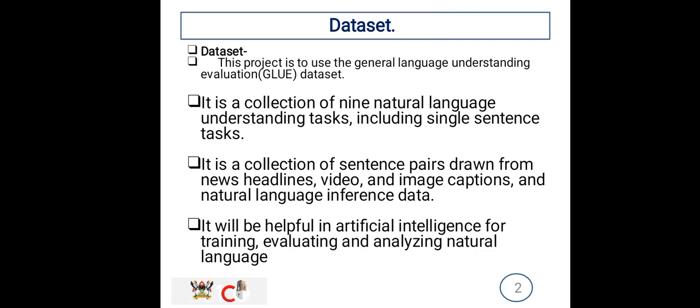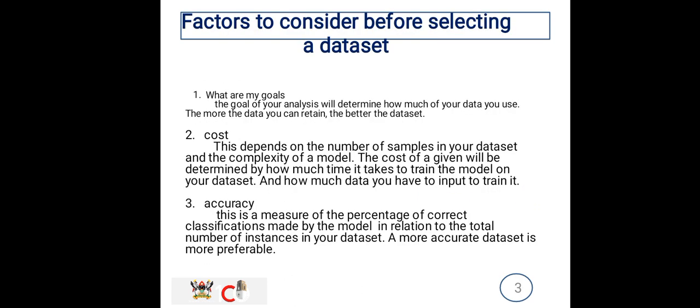It is also a collection of sentence pairs that is drawn from news headlines, video, and image captions. We shall use this data set in our project, and it is helpful in artificial intelligence for training, evaluating, and analyzing natural language.